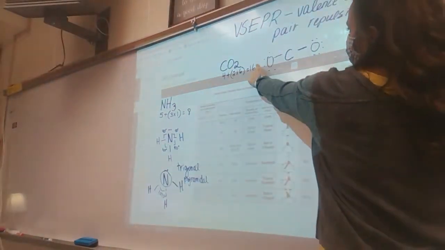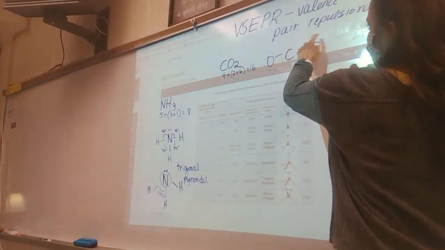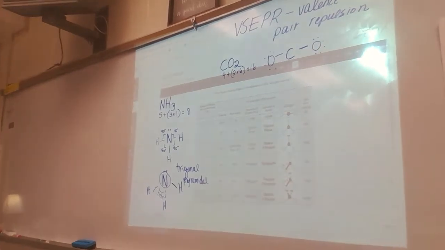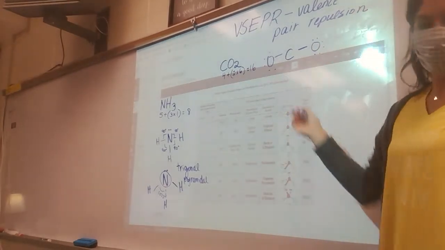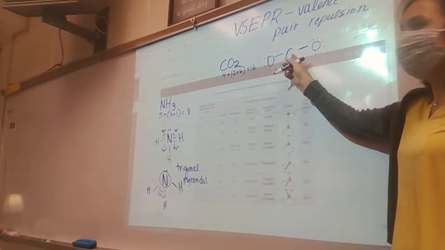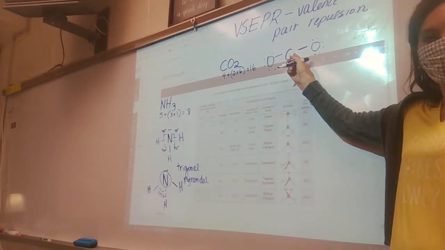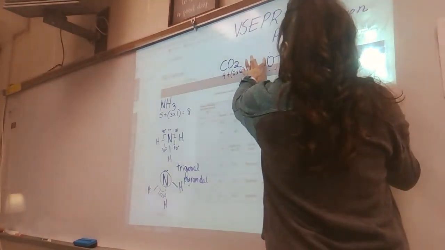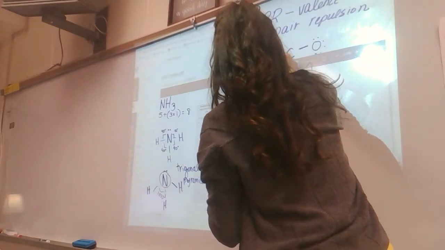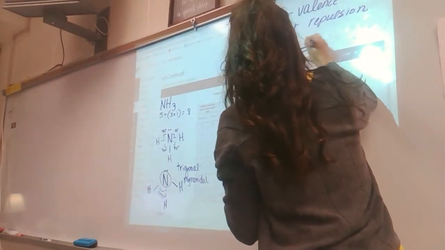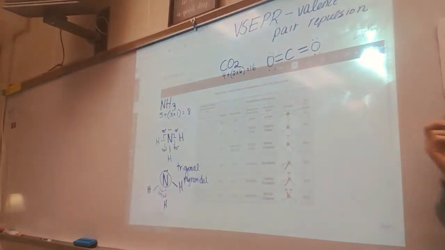That's 2, 4, 6, 8, 10, 12, 14, 16. I filled them all in, but I don't have a full octet on carbon. So I have to double bond. That's my Lewis structure for carbon dioxide.